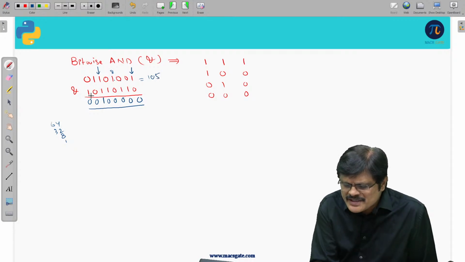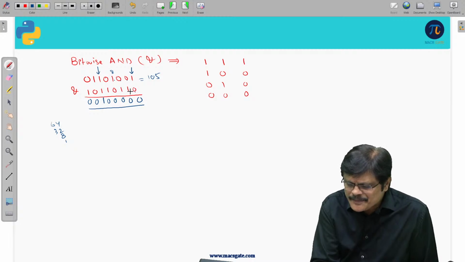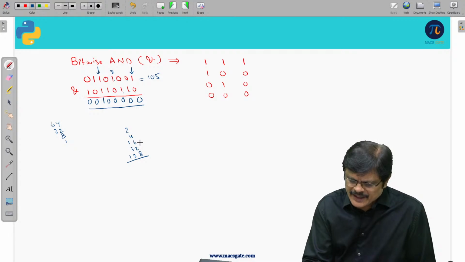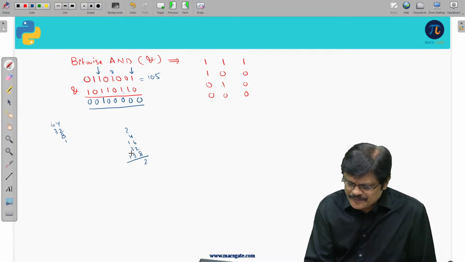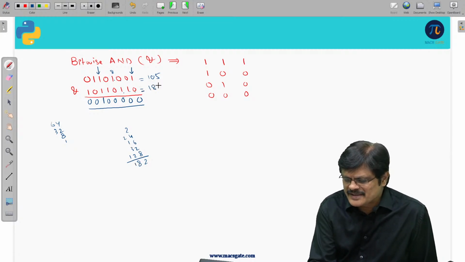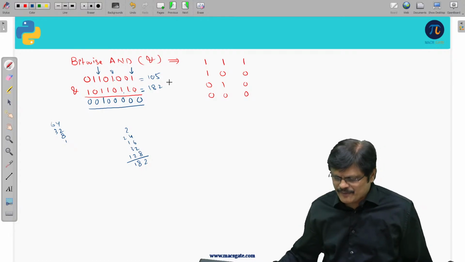And for the other number, you have 2, 4, then 8 is missing, 16, 32 and 64 are missing, then 128. Adding up, this is 182. Please verify that. I am assuming 105 and 182.